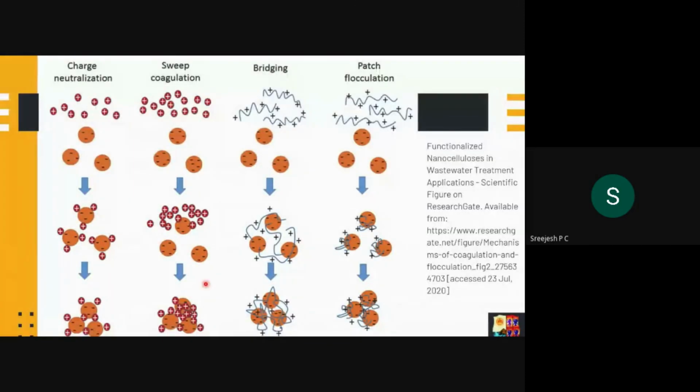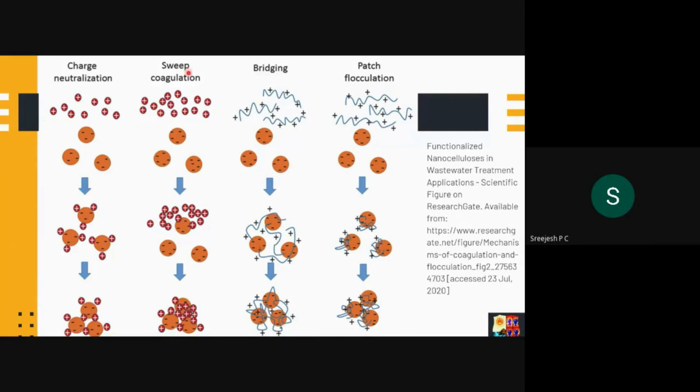This is the last slide for today's discussion, summarizing the different events that take place during the formation of flocs. There are possibilities of charge neutralization. When charge neutralization occurs, normally, as I told you, we add the coagulating agent, so a kind of chemical interaction happens which makes the molecules aggregate.